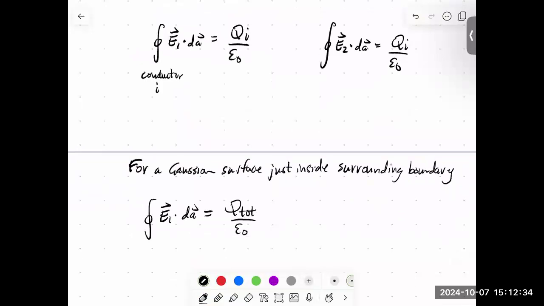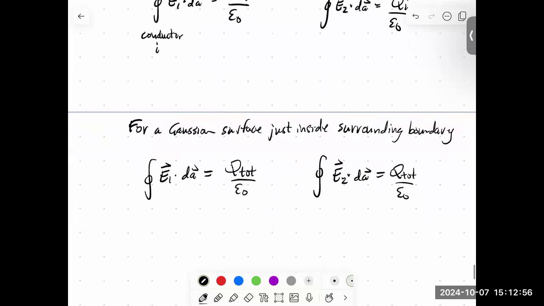It would take all the charges on all of the individual conductors plus integrating over the charge density in that volume. You add all those things together and it sums up to some total charge. And same thing for E2. And so this is on the outer boundaries.